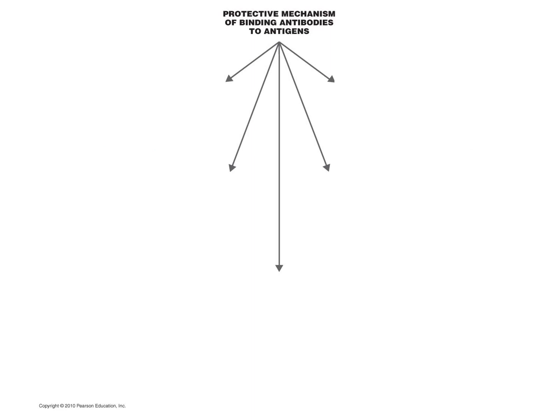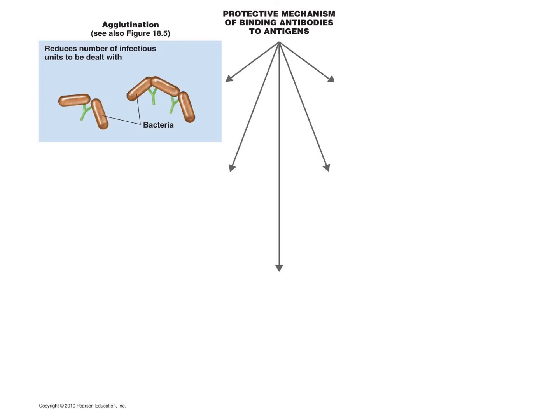The first benefit that occurs when antibodies bind to antigen is agglutination. Agglutination is the first protective mechanism that occurs when antibodies bind to antigen, and it basically means clumping. Every monomer, IgG for instance, is able to bind to 2 microbes that have the same epitope.